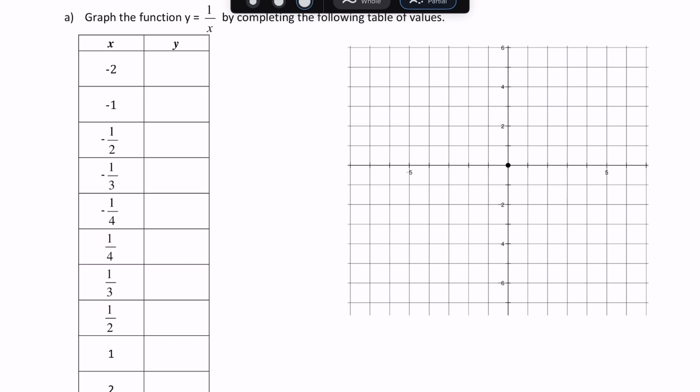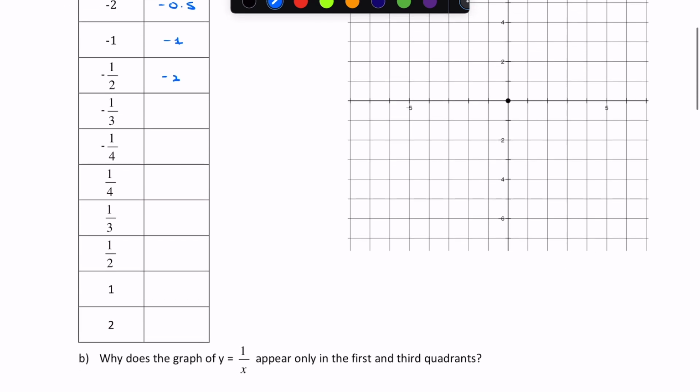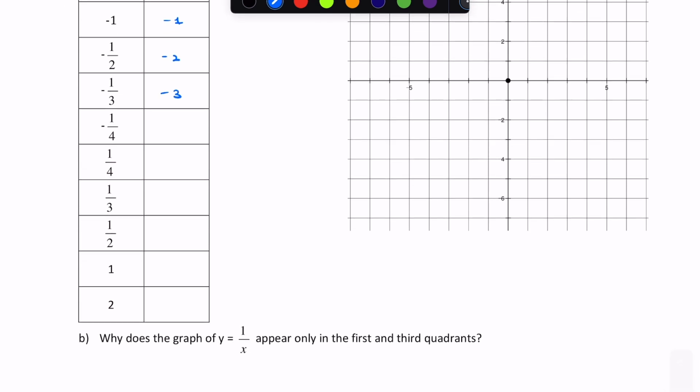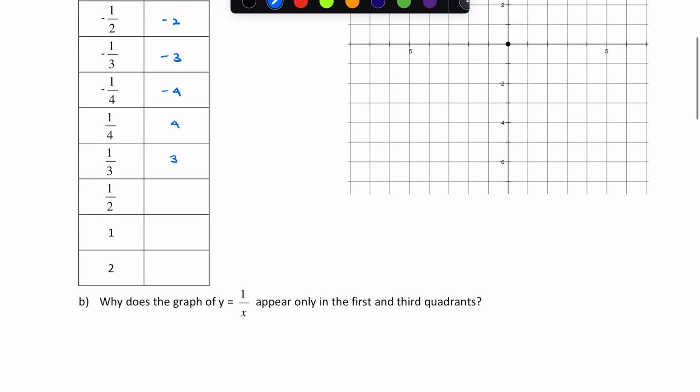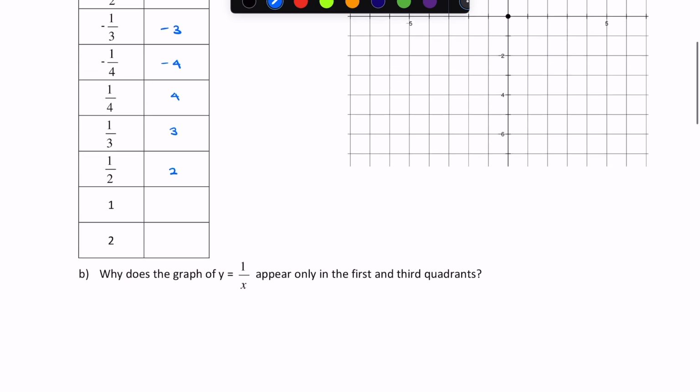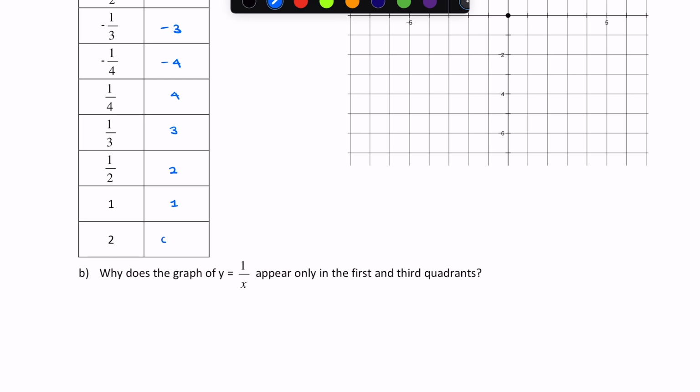If we sub those in, the corresponding y values will be -0.5, -1, -2, -3, -4, 4, 3, 2, 1, and 0.5.